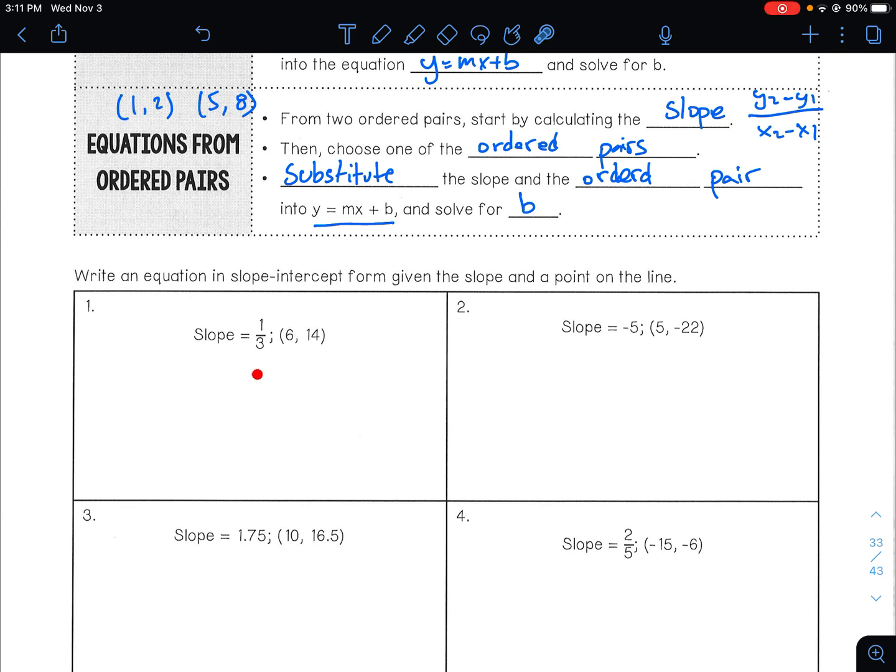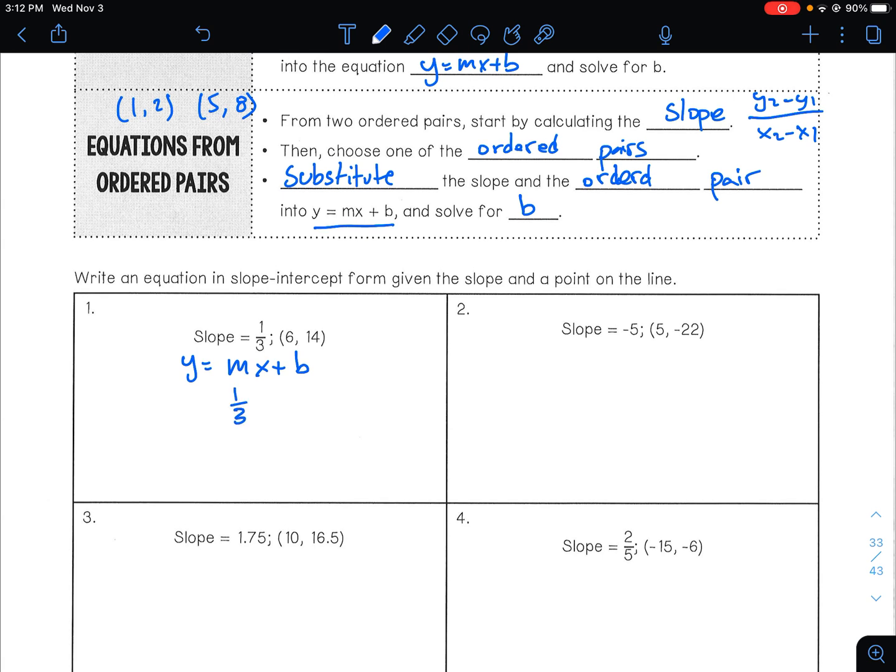So we're given a slope of 1/3. y equals mx plus b, right? And if we know the slope is 1/3, we're going to replace m with 1/3. Now, we don't know what the b is.